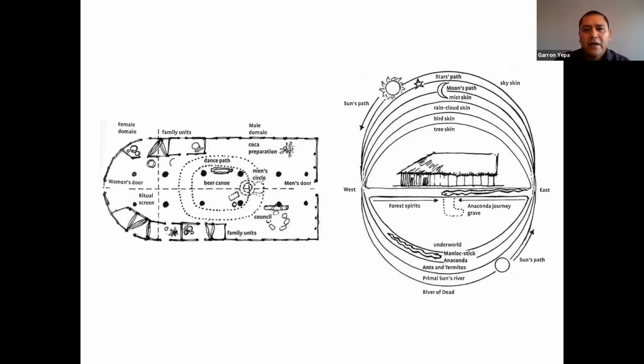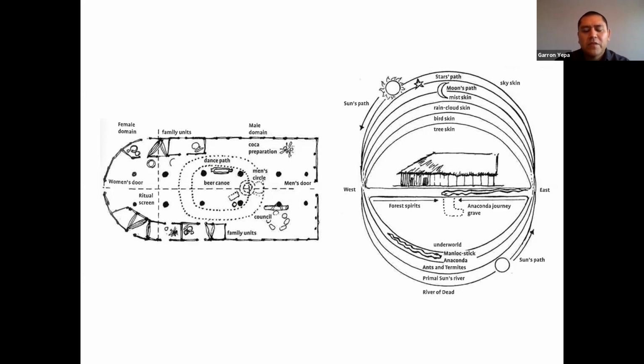Another plan from Oliver's book, a Tukanoan maloca, or community house, in the Vaupés region of Colombia. You can see in the plan how the organization works again with genders and directional understandings.